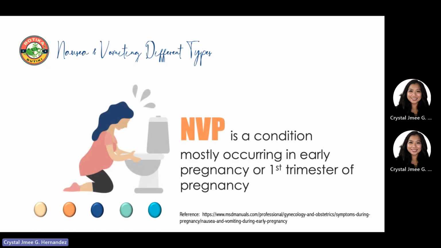Then we have NVP, which is nausea and vomiting in pregnancy. This is defined as a condition mostly occurring in early pregnancy, or the first trimester. Although this may be highly variable between women, the majority of pregnant women are affected by this.